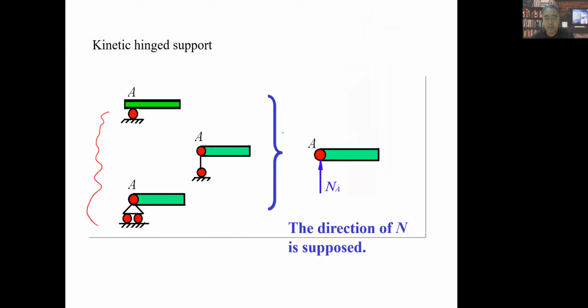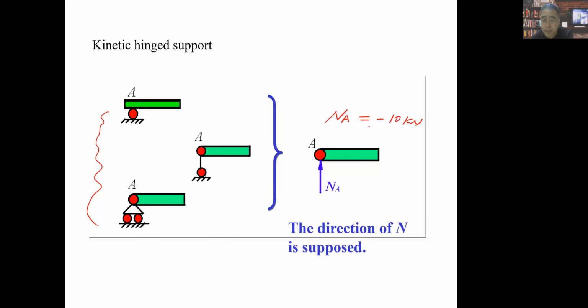So let us continue, and you should pay attention to the direction of N. In some problems, maybe we always draw the direction NA like this, but when we solve the question, we may find the result NA equals maybe minus 10 kilonewtons.